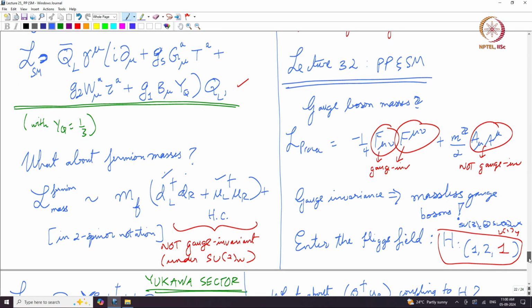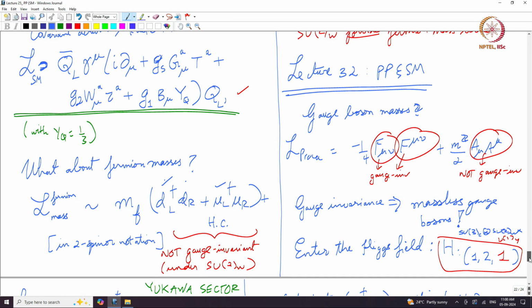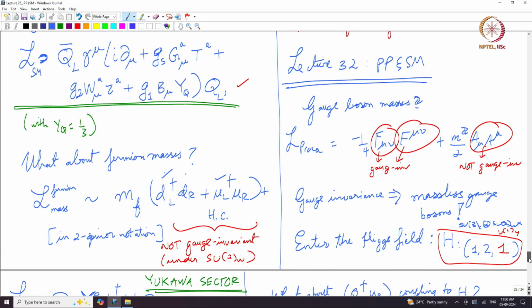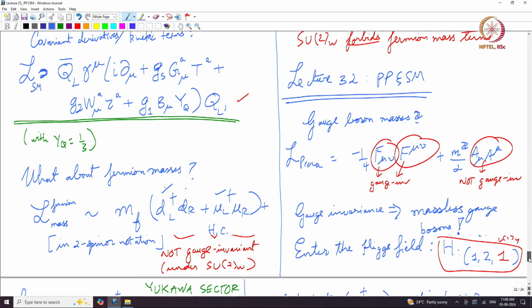Remember, in the standard model, because of gauge invariance, the fermions were forced to be massless, right, because you necessarily had to marry a left handed field with a right handed field, and since the left handed fields alone are charged under SU2, you could not have had a mass.